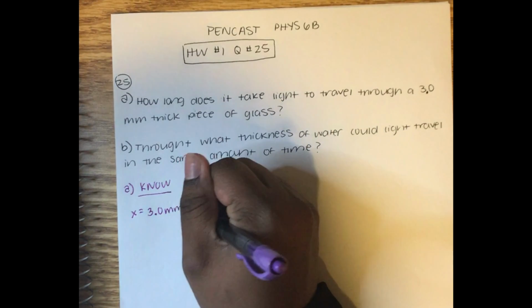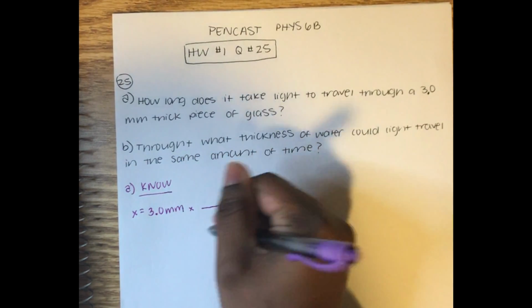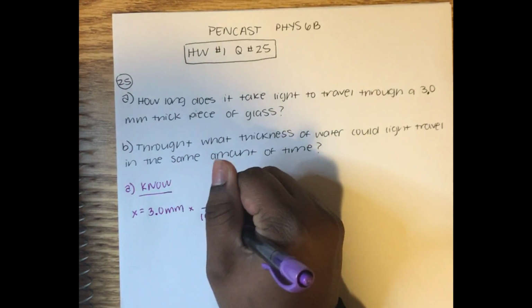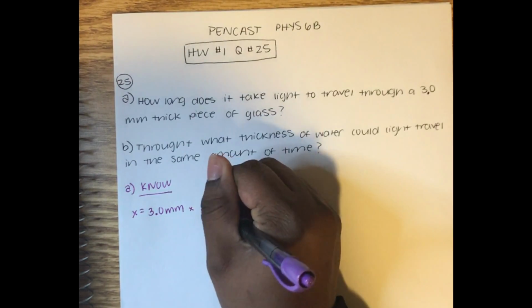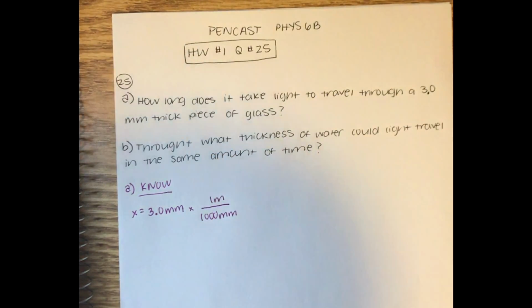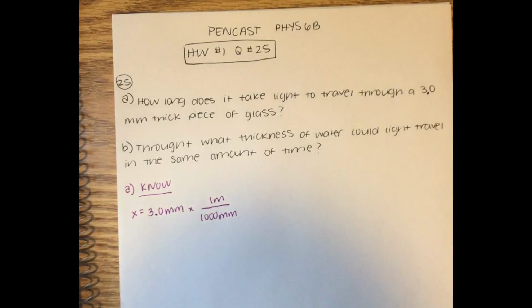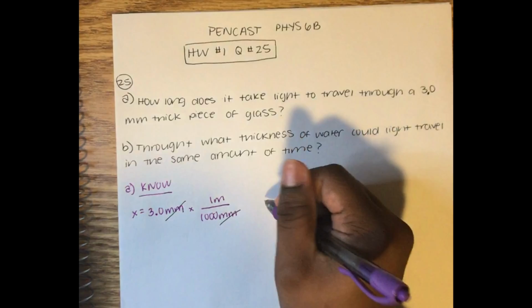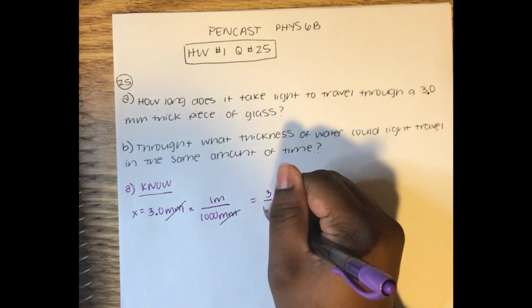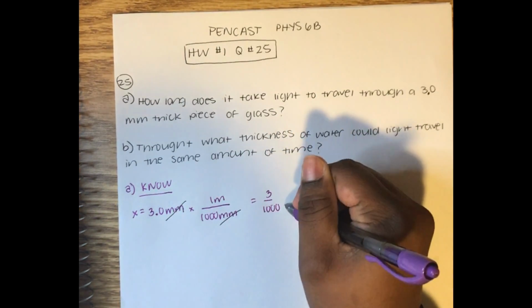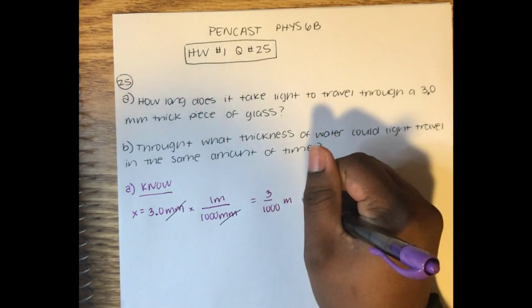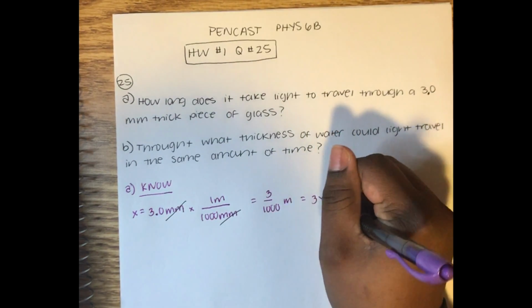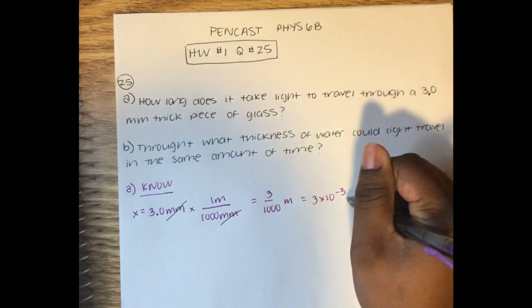And we convert this by putting 1,000 millimeters at the bottom and 1 meter at the top, so our units can cancel. And this will give us 3 over 1,000 meters, which is the same as saying 3 times 10 to the negative 3 meters.